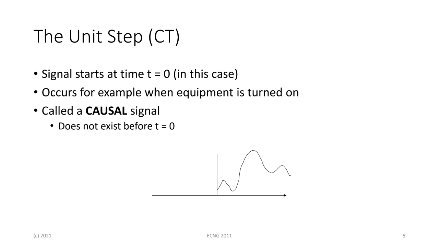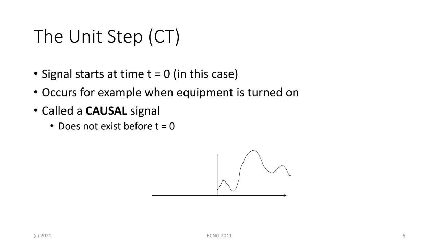That particular thing creates something called a causal signal. In other words, causal signals do not exist before t equal to 0. Or maybe in a broader context, they don't exist until we start to look at them, right? Or we switch on the equipment, for instance. We like causal signals for exactly that reason. If you are making something or you have something working, the only way to figure out what it's doing is to have it start in front of you, and then you watch carefully what it does.